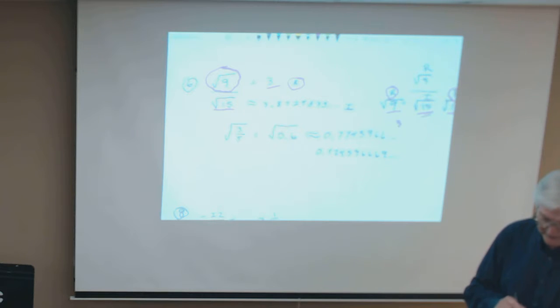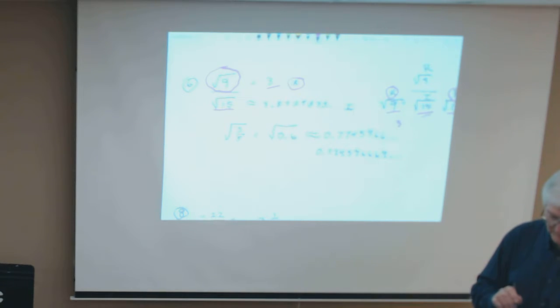There's a way to check this out. You say, how do I know this just keeps going? Well, the square root of 15 is 3.8729833.